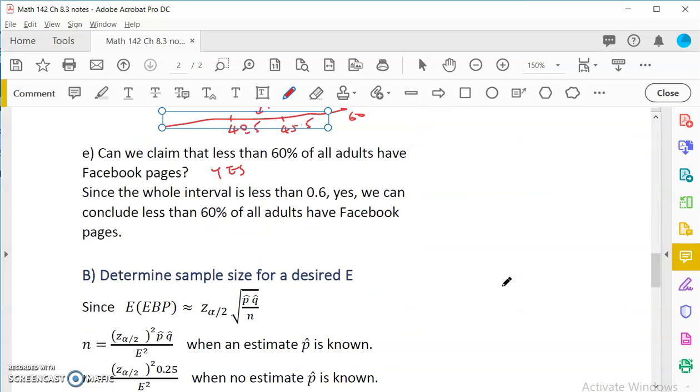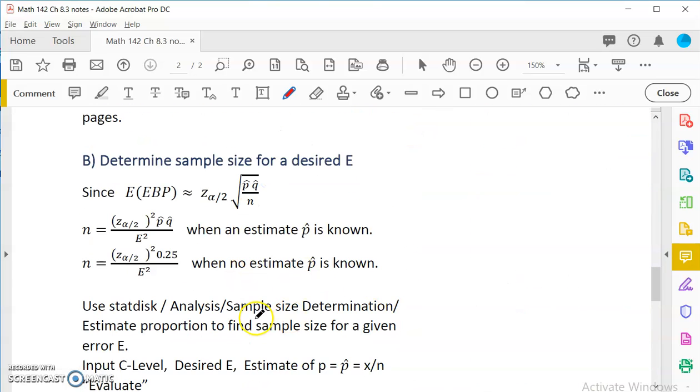So we'll just use the space over here to find what n would be if someone, like your boss, tells you, go do a study, but I don't know what sample size you're supposed to use, I want the error to be a certain number.